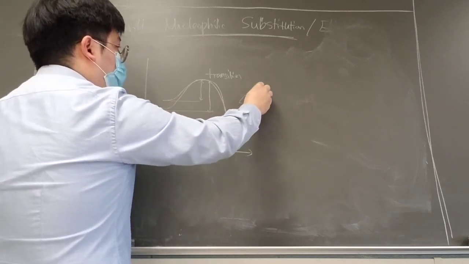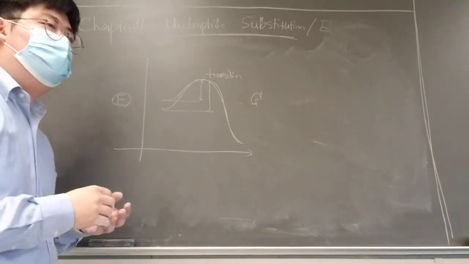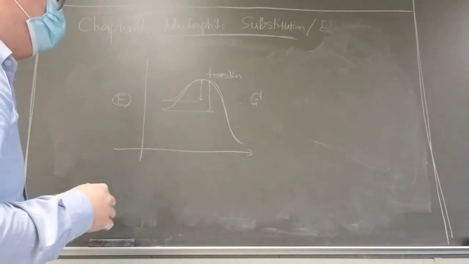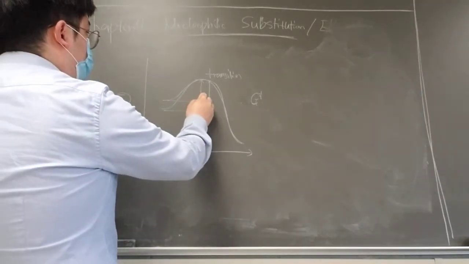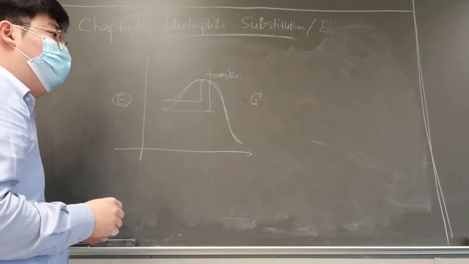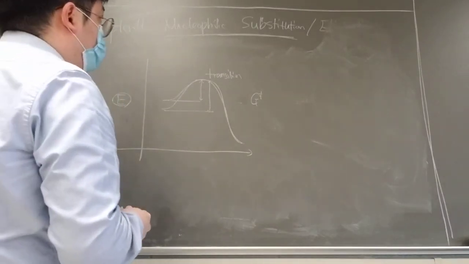You guys remember this? The activation energy is the amount of energy you need for the reaction to go forward. If it's lower, the reaction will go much easier and faster because it doesn't need much energy to proceed.